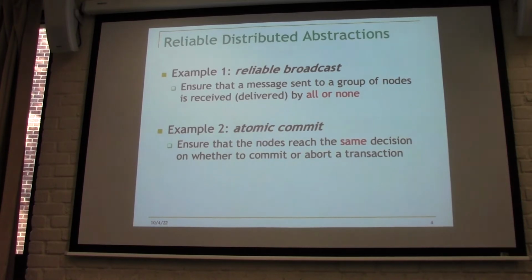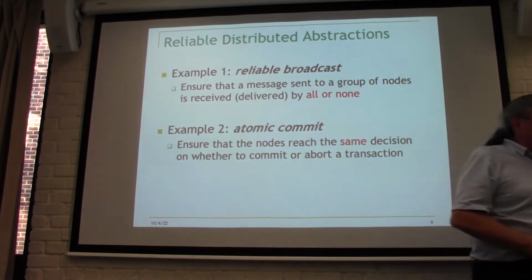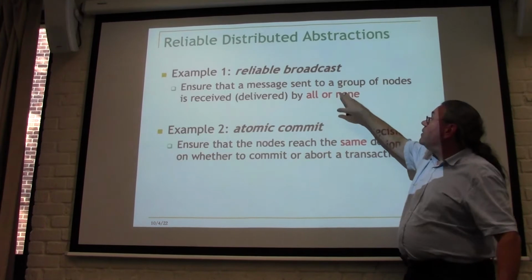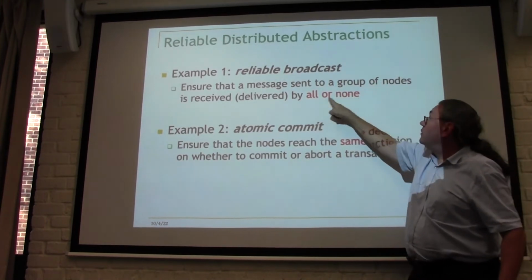Even if you have nodes failing, you're sure that all the nodes that don't fail will get the message. Even if some nodes in the middle are failing, somehow all the nodes will get it, or none, and there's nothing in the middle. This is called reliable broadcast. So this happens despite failures.